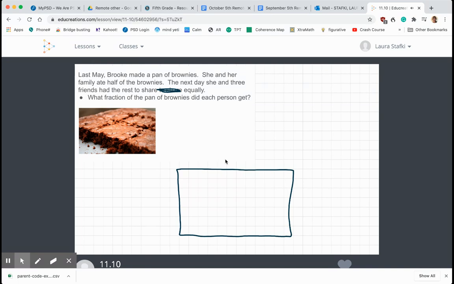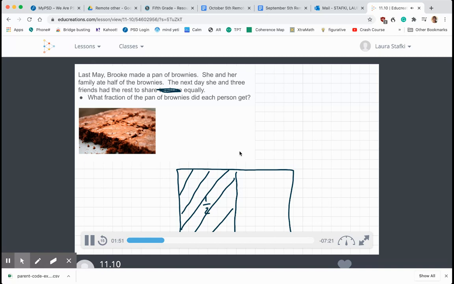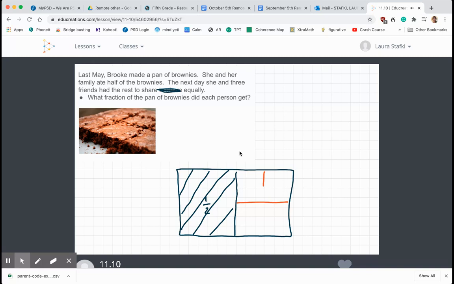Okay, while you were paused, I started drawing my pan of brownies, and I'm going to divide them in half. Here is half of the pan of brownies, and I am going to call this the part that Brooke and her family ate the night before. So that part's disappeared. Then the next day, she and 3 friends, so there were 4 of them, divided the rest of the pan equally and ate them up.